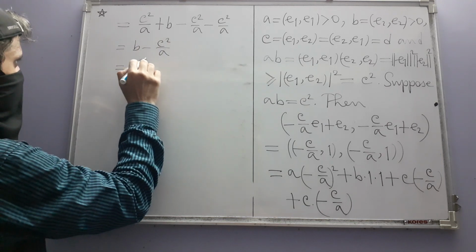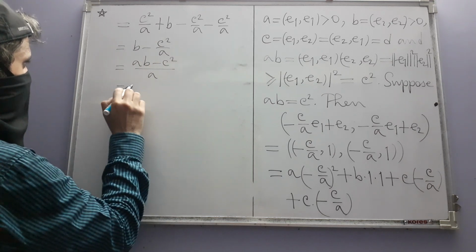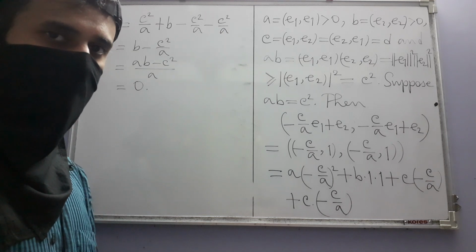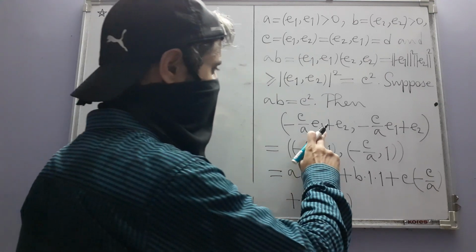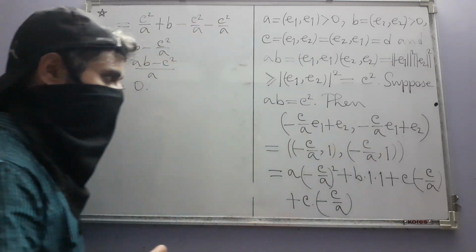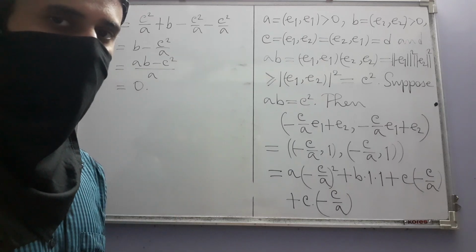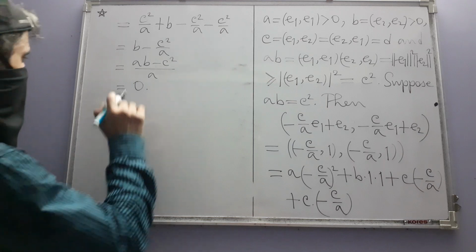So you can see that this actually becomes 0, right? So this inner product value is 0, and when the inner product of a vector with itself is 0, then that vector has to be 0. That is one of the axioms in the definition of an inner product.